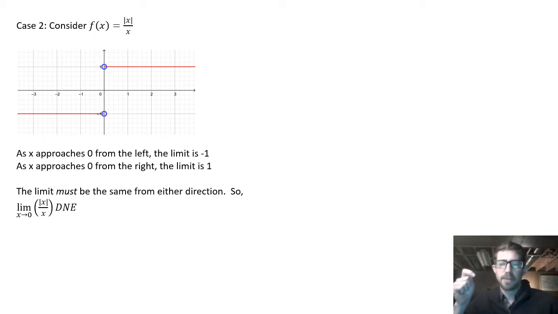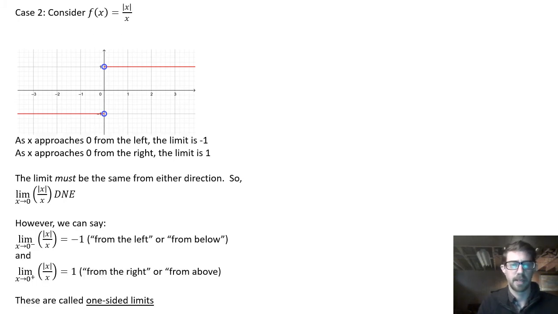We do have some notation, though, for these so-called one-sided limits. So since if you're coming from the left, it's just -1s all the way up to here, then the limit just coming this way, if you ignore all this stuff, would exist. So that's called a left-handed or a one-sided limit, and here's how we write it. It's this little minus sign in superscript there.